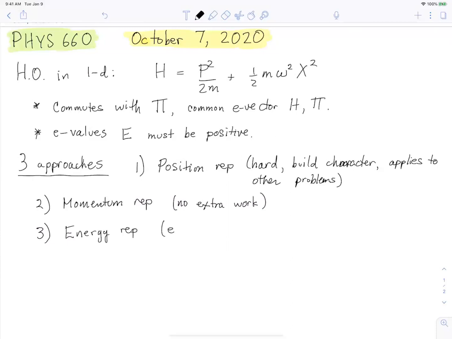So this is not only easier, but it's more useful. So you could say, why don't we just do the easier, more useful way first? And the answer is because it's really special to the harmonic oscillator problem, and so it won't apply to more complicated situations.